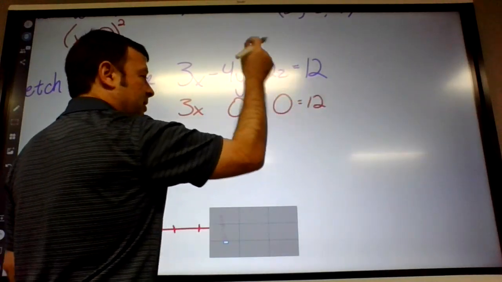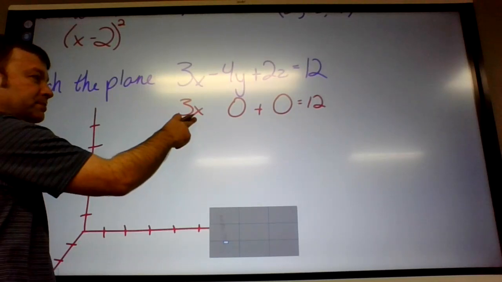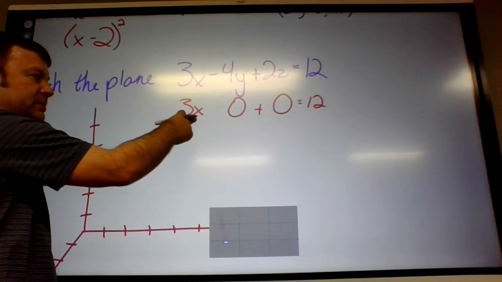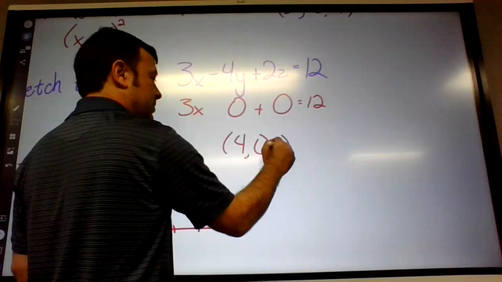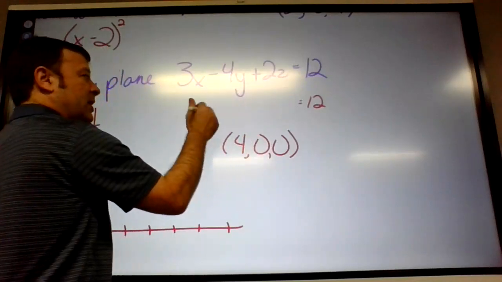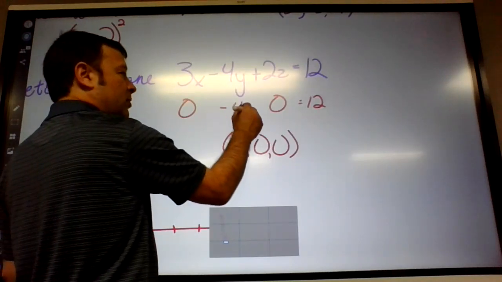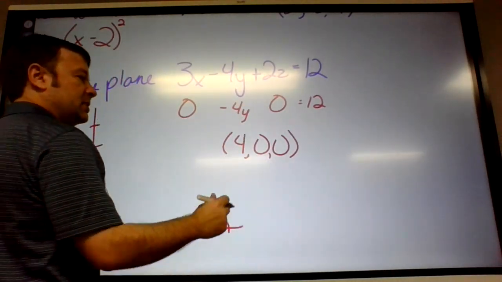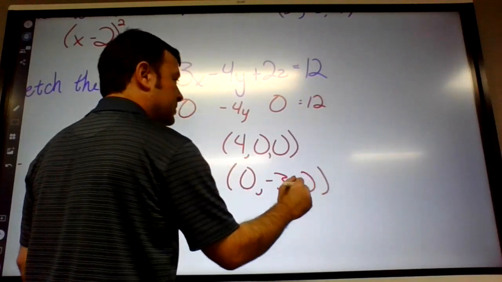You guys remember that? So what would the x-intercept be? 3x equals 12. So it's just 4, or you could say it's 4, 0, 0. Okay, and then same thing for the y. The y-intercept happens when x and z are 0. So we get negative 4y equals 12, negative 3, so 0, negative 3, 0.